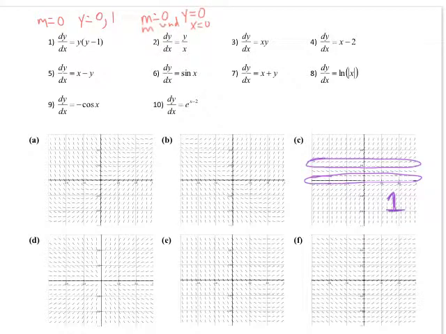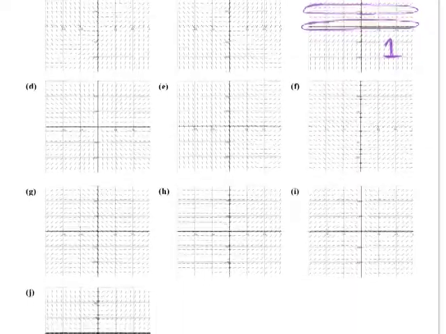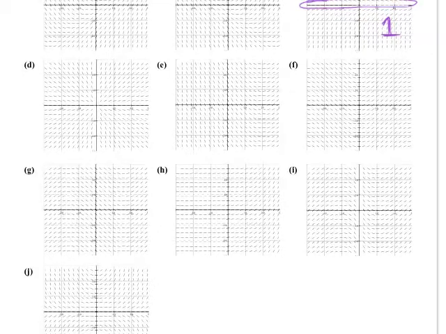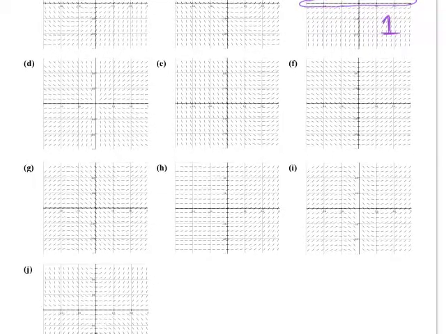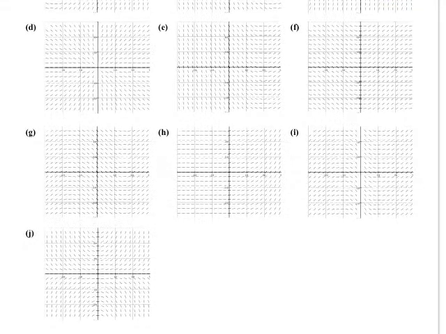We can go through and take a look at these graphs. Here's one where when y is 0, we have a slope of 0, and it looks like we have a vertical or undefined slope when x is 0. Another thing we can see is when y and x are the same value, we have a slope of 1.